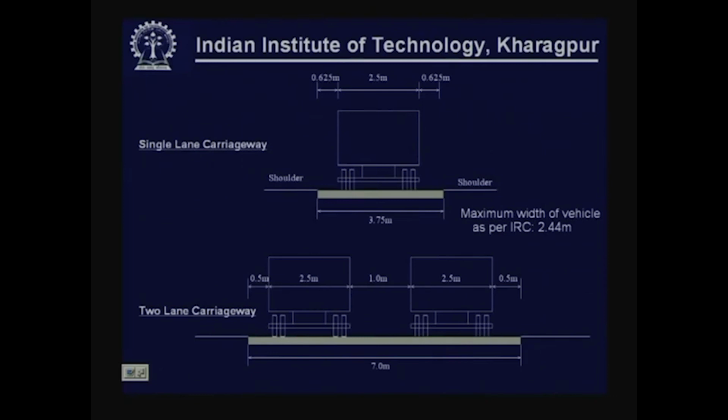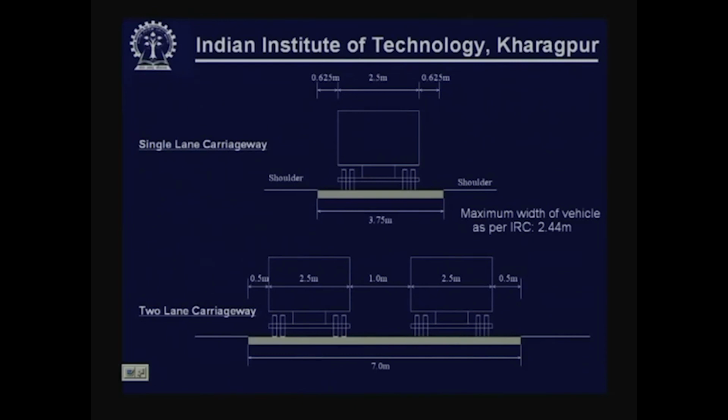Two lane roads are used for movement of two vehicles at a time. So, two vehicles must be placed, each 2.5 meter wide. The gap in between the two vehicles is assumed to be 1 meter, and the lateral clearance on each side is 0.5 meter.